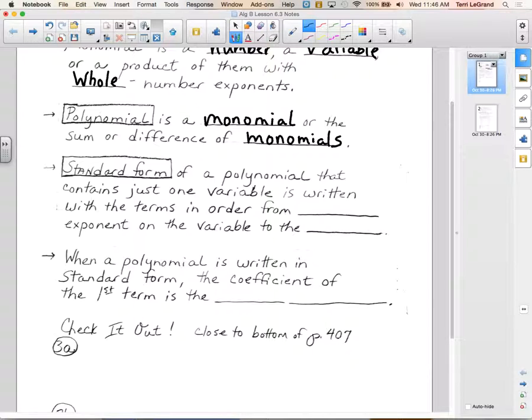Mono, M-O-N-O, mial, M-I-A-L. So when we just have one term, a number, or a variable, or a product of a number and a variable, when we have just one of them, it's called a monomial. Once we start putting them together and have more than one of them, with an addition or a subtraction going on, now we have another type of polynomial.